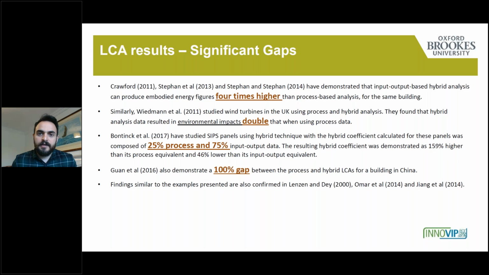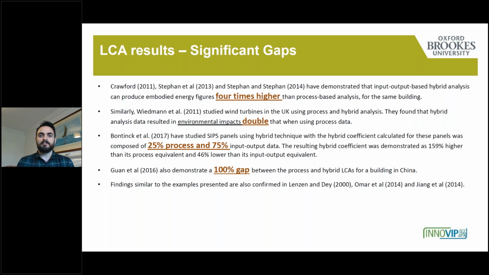So looking at these different methods, I don't expect you to read all these words. The reason I have included it here is that if you compare the studies that have taken these different techniques into account, their studies have shown huge differences and discrepancies between results. So 4 times, double, 159%, 100%.